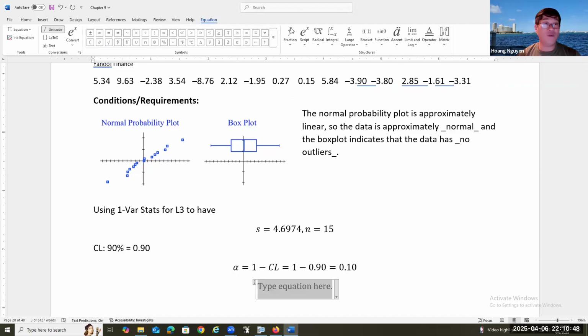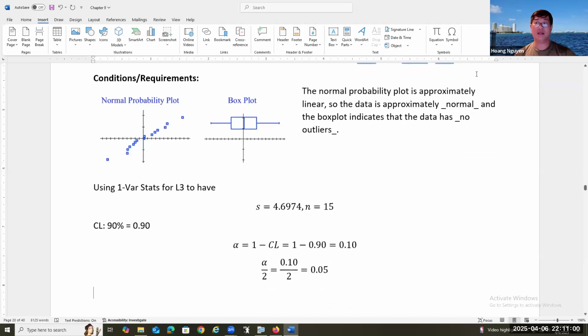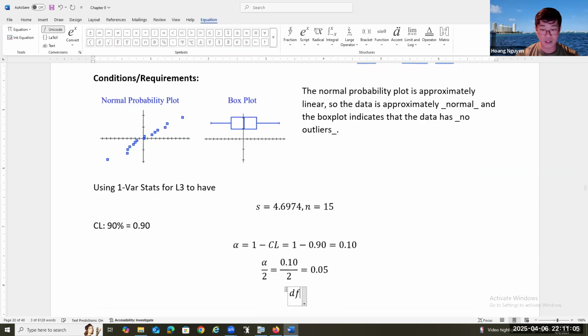After I know alpha, I need to cut alpha in half, so alpha divided by 2 is 0.10 divided by 2, which is 0.05. Now we need to find the degrees of freedom also, right? Degrees of freedom is equal to sample size n minus 1, so 15 minus 1 is gonna be 14.